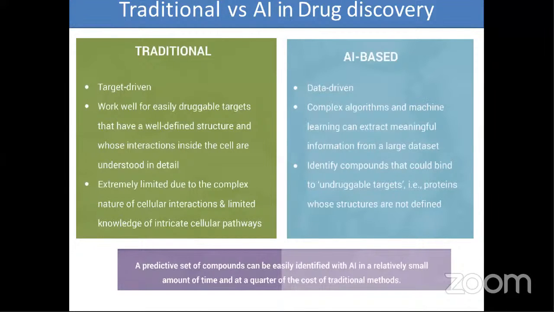However, in AI based, a complex algorithm or machine learning gives the exact meaningful information from the largest data bound with the cellular interaction. So there is a limitation in identifying complex nature in the traditional method. However, in AI based, we can go with the undruggable targets which have not been identified, so we can easily go with AI based.